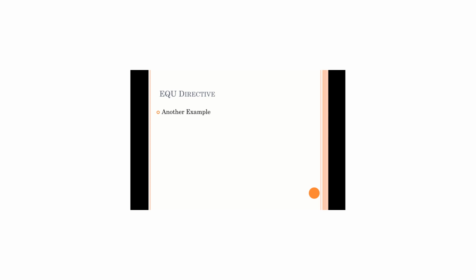Let's look at another example. Here we define matrix 1 EQU 10 multiplied by 10. This is an expression, so it will be evaluated to 100. Matrix 1 is being defined as 100.